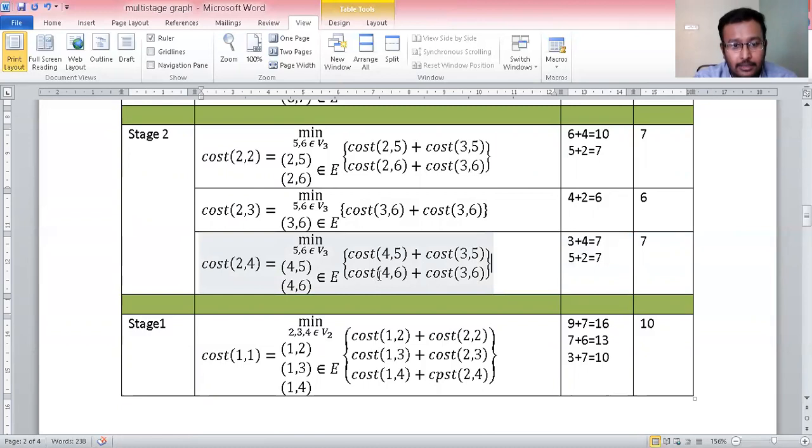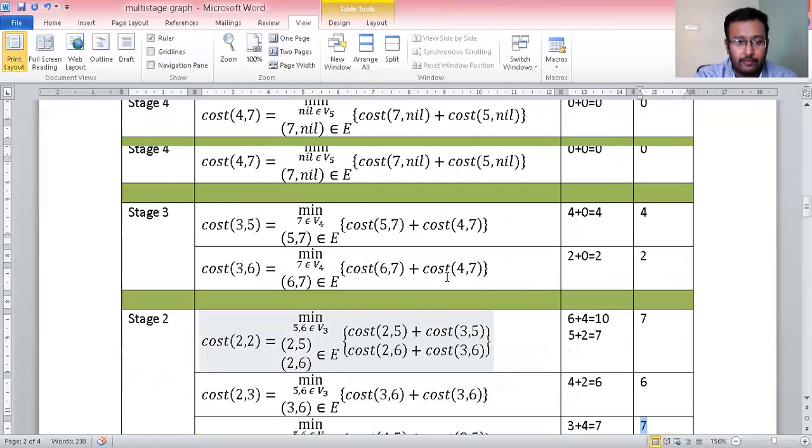And if I take the vertex 4 and vertex 6 and the edge between them, the answer also comes out to be 7. Both values are equal, so the cost of the vertex 4 at stage 2 is 7.